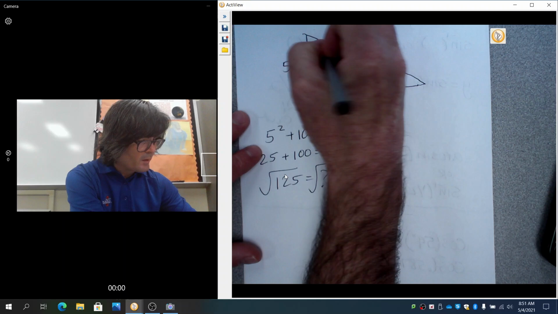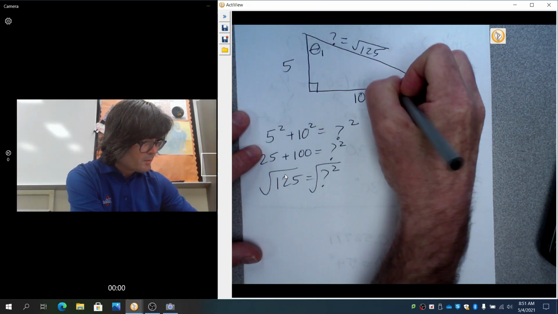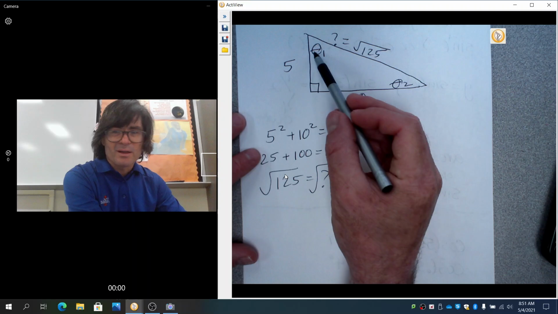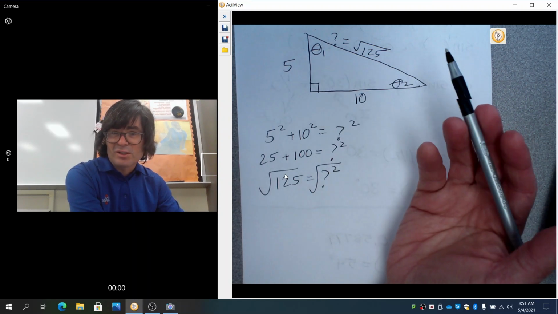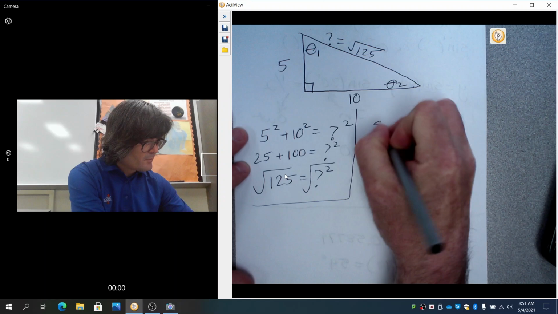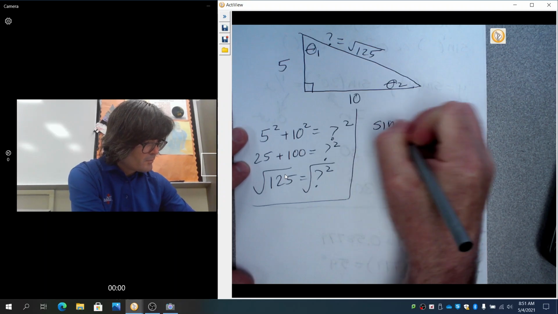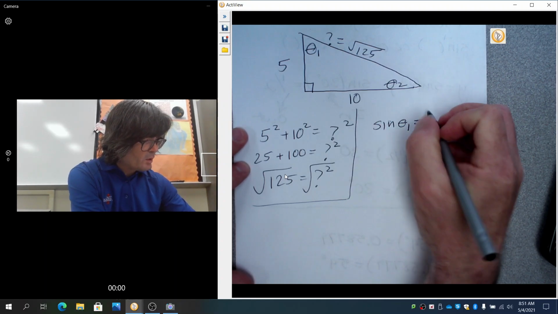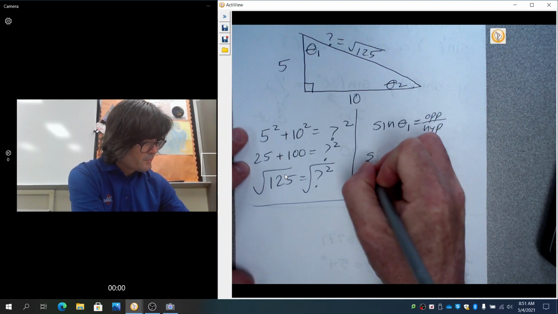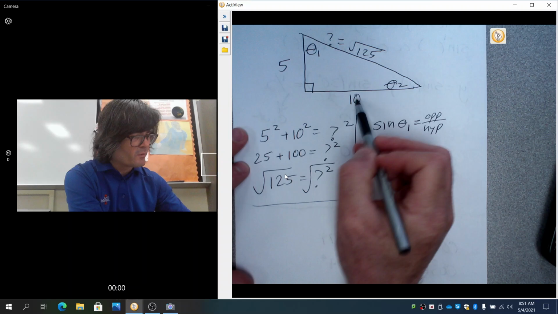So let's say you want to know the angles here. We'll do theta 1, theta 2. For theta 1, you can pick any trig function you want. Maybe we'll just do sine. So I know that sine equals opposite over hypotenuse. So sine currently is going to be 10 over that.